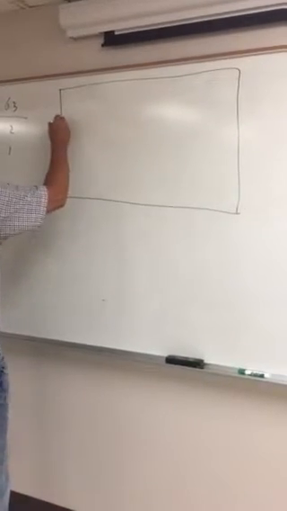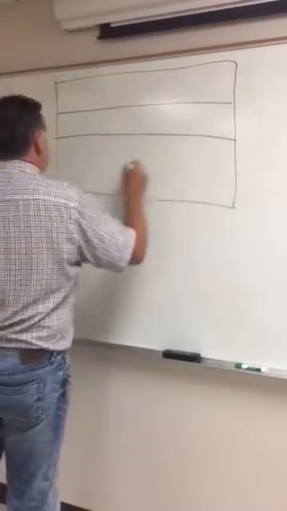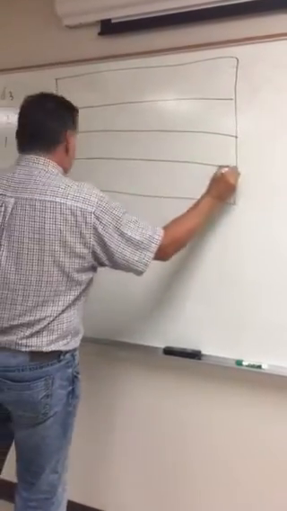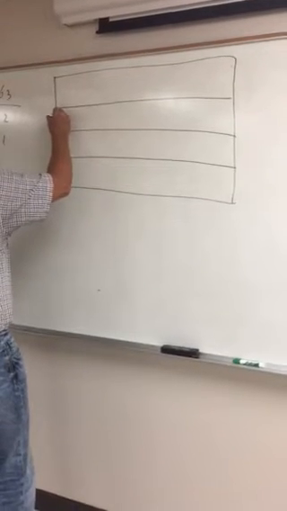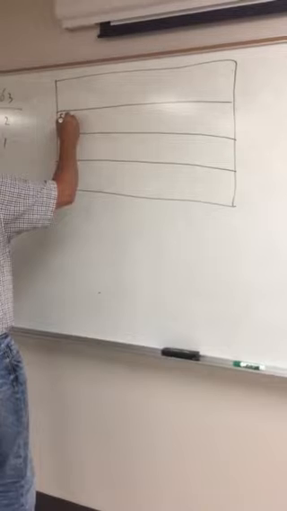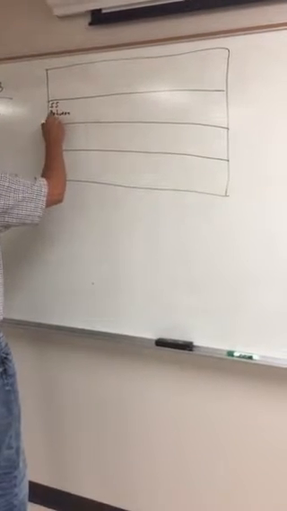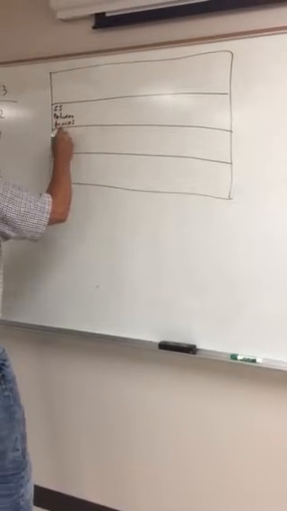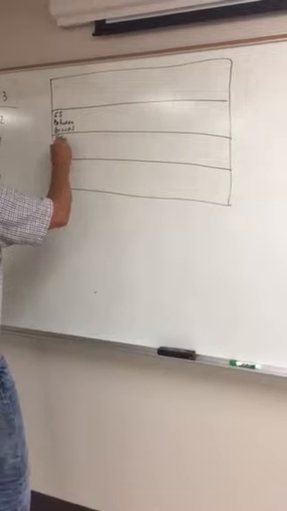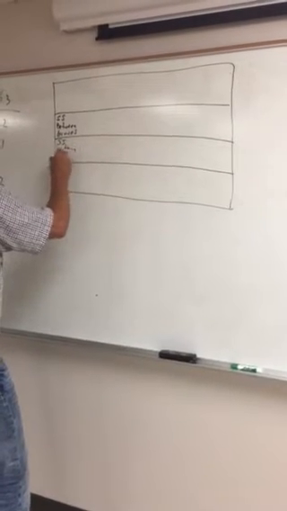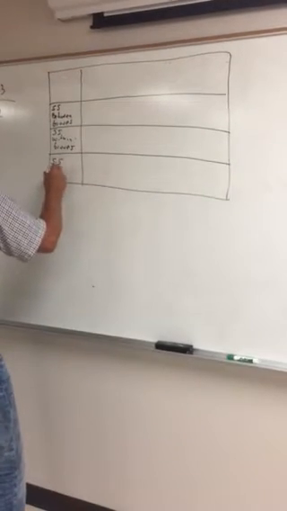So I have these levels here, and I'm going to have sum of squares between groups. This is going to be sum of squares within groups. And this is going to be sum of squares total.